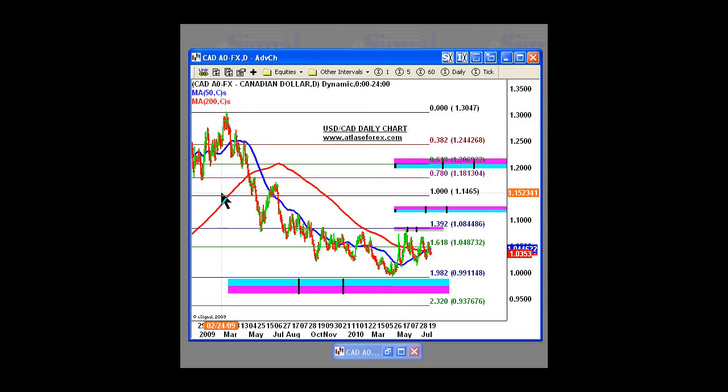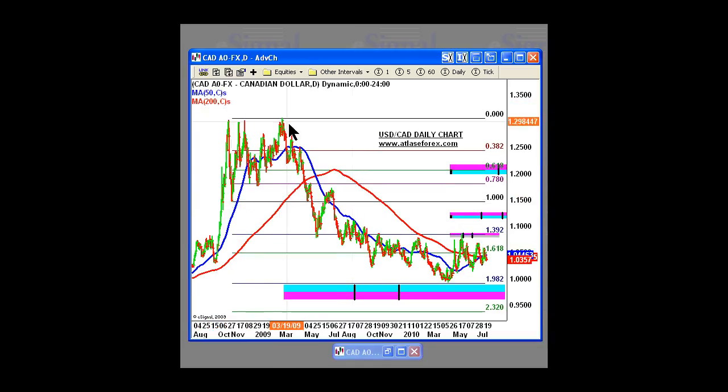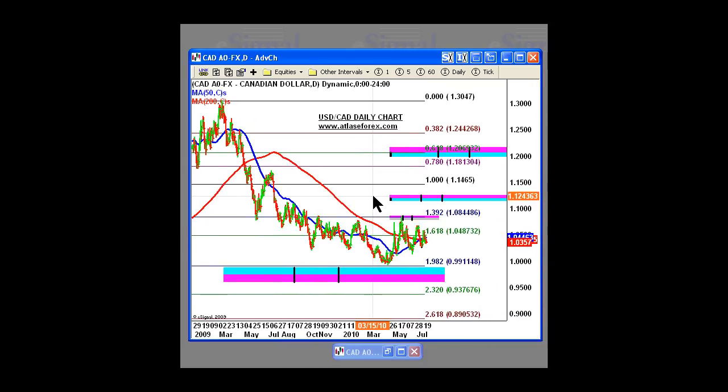The Fibonacci counts a move from here, there, to calculate what can be the rebound point, rebound level. Yes, 1982 went to 1392. It creates here a kind of triangle. You can see the triangle here.